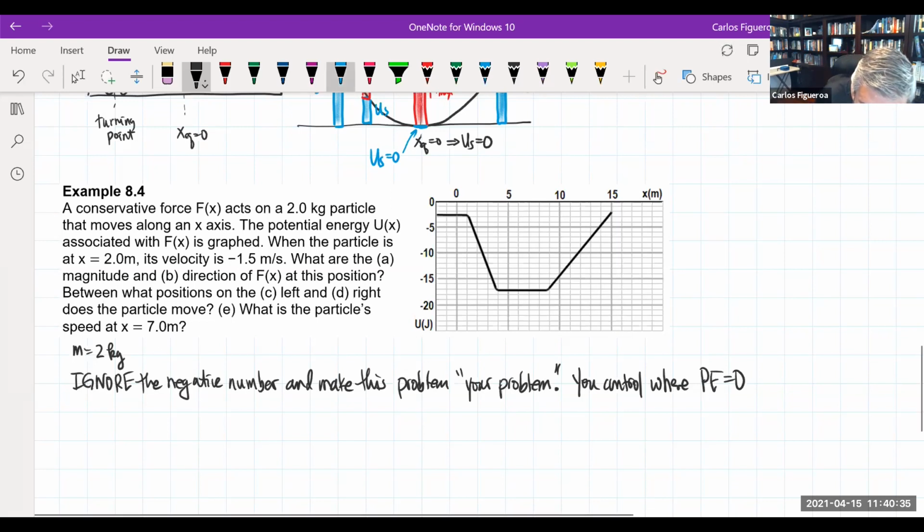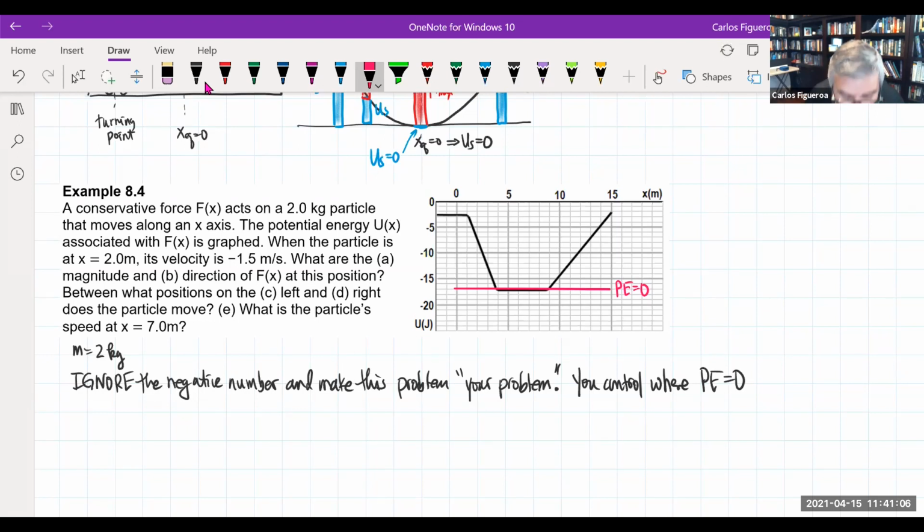I want my 0 point right here at the bottom. I'm going to set my potential energy equal to 0 right here.